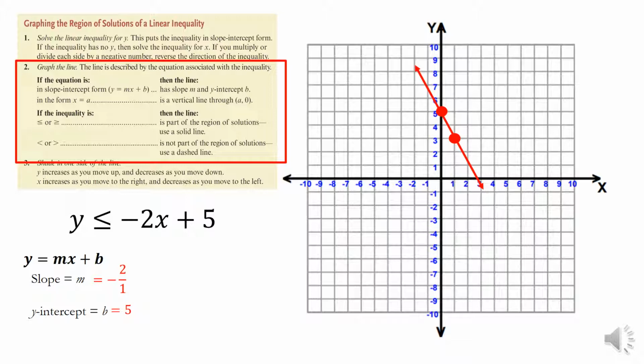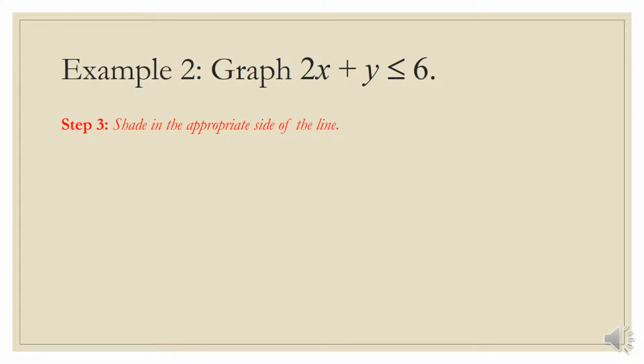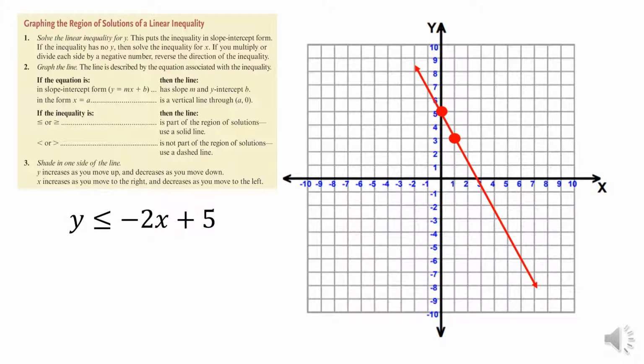Now, we have one extra step here. Our last step, the extra step for inequalities, is to shade in the appropriate side of the line. This is really easy to figure out. You can see here on the graph that I have extended the line down. That's just to help us figure out where we should shade, so we don't shade too far.